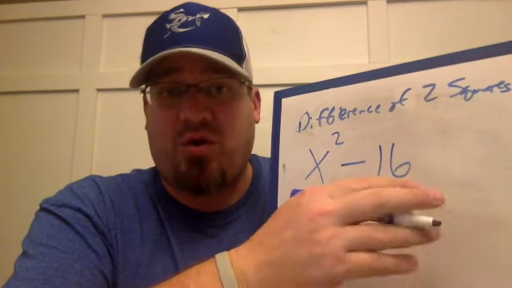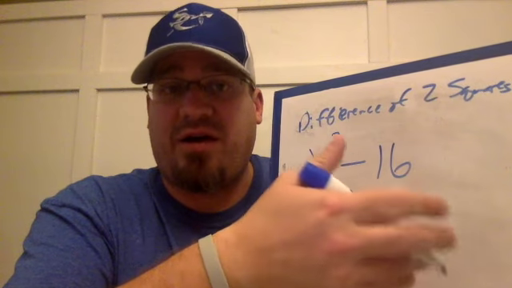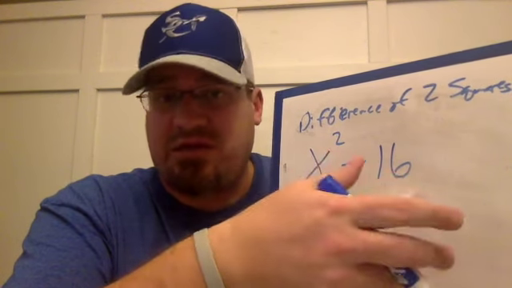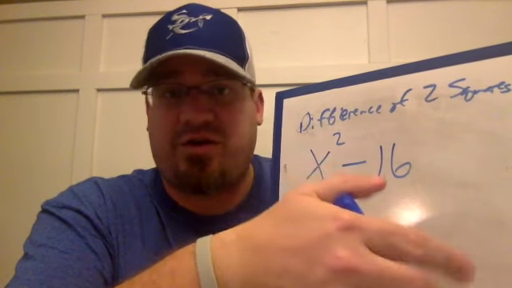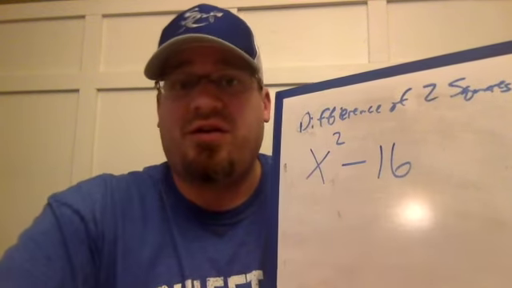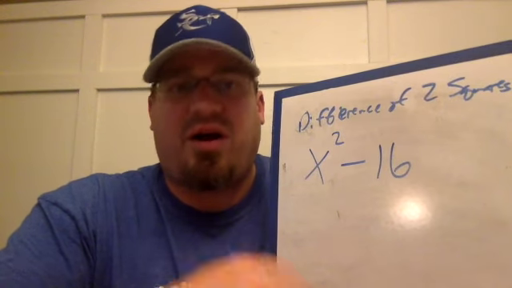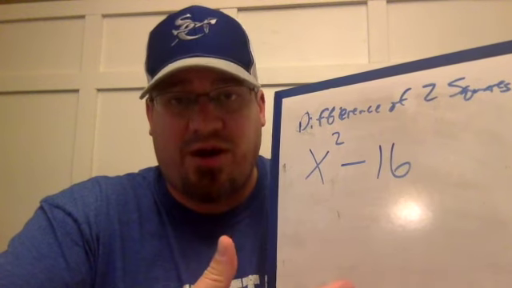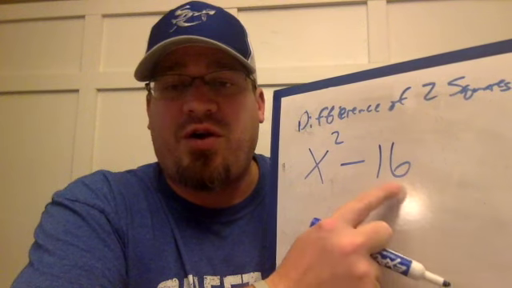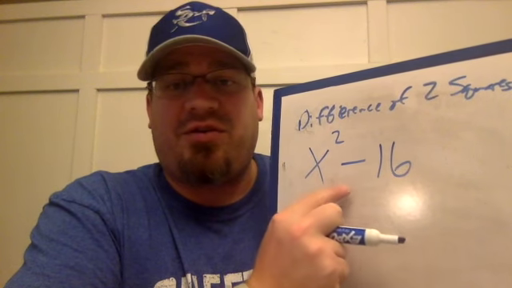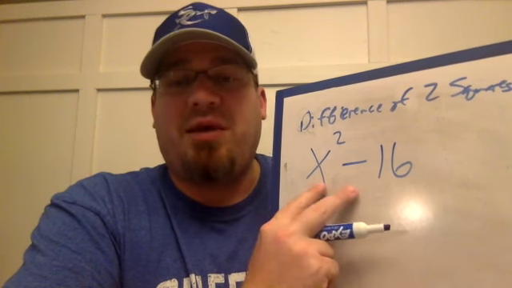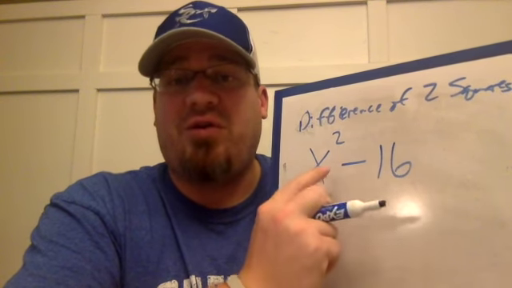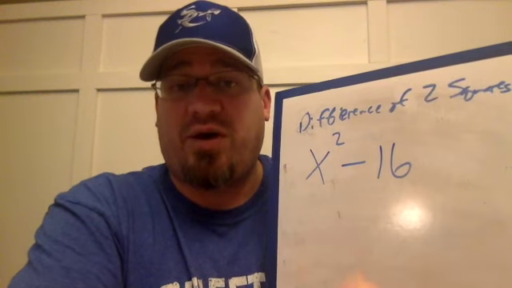We've got 4, 9, 16, 25, 36, 49, 64, 81, 100, 121, 144, 169, 196, 225, 400, 625, all of those perfect squares that we memorized. If that's one of our numbers, and there is subtraction in between another perfect square, that means we have this special case known as the difference of two squares.